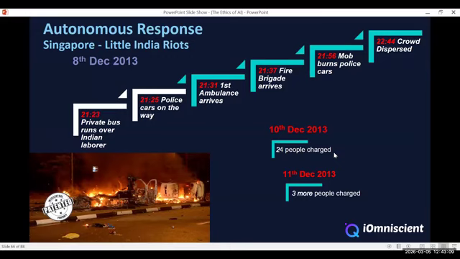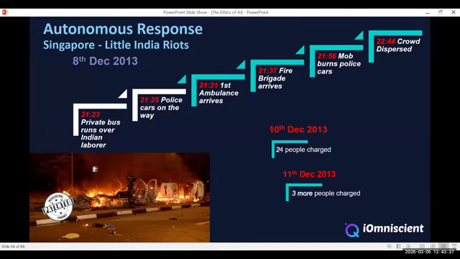How can Singapore react in 2 minutes? And in France, it takes them 5 days to do something. Well, in Singapore, we implemented our autonomous response system. Note that this was in 2013 that we did that the riot happened. So before that, we implemented a capability which today is known as agentic AI, which is where the system understood what was happening.